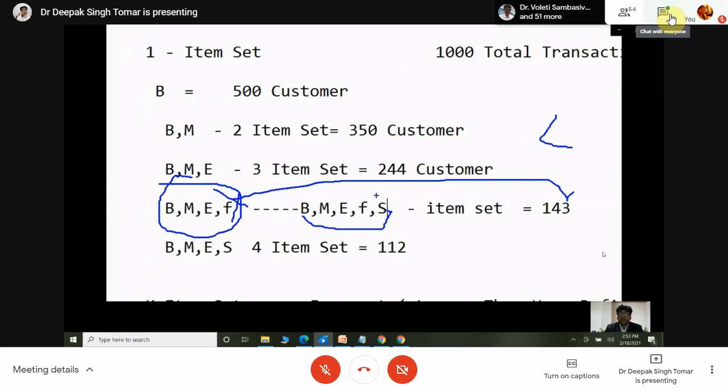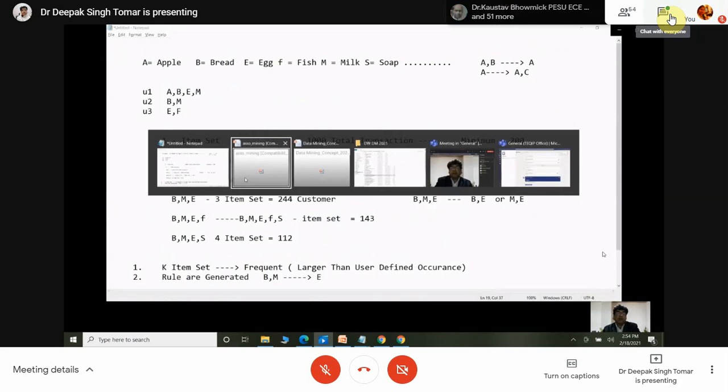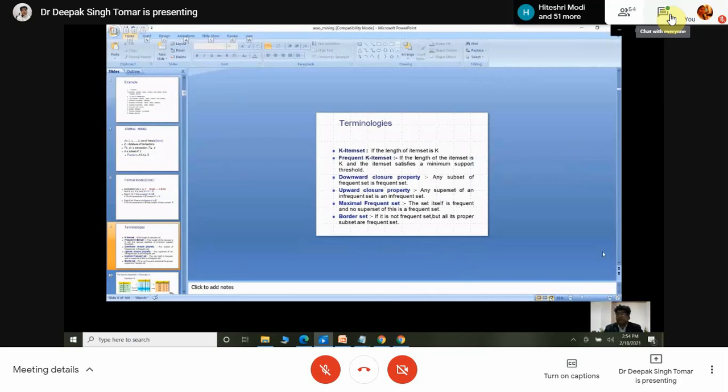If we add any other item to make a superset, it will also be infrequent. These are some definitions, and our algorithm will work based on them.